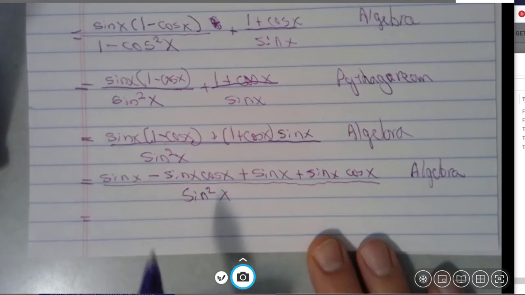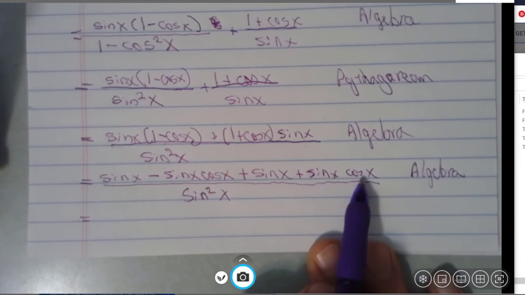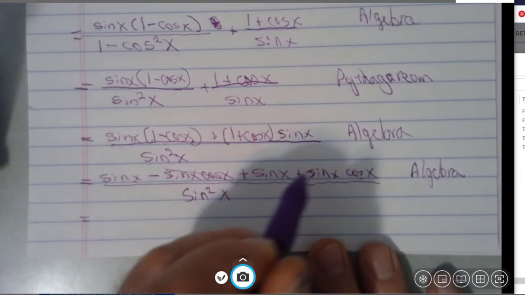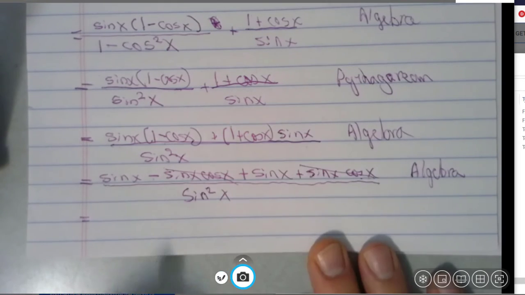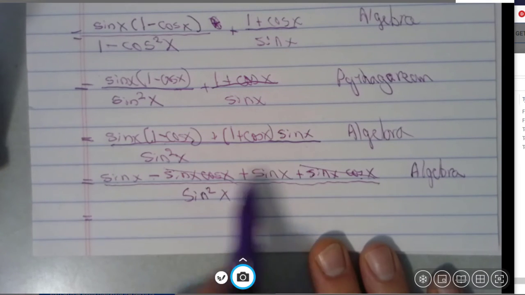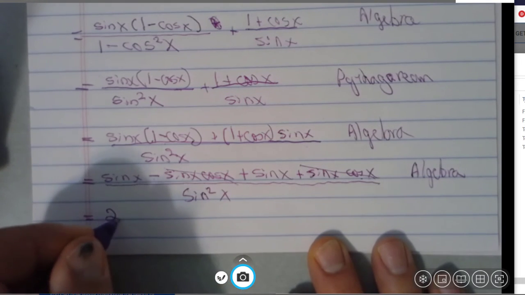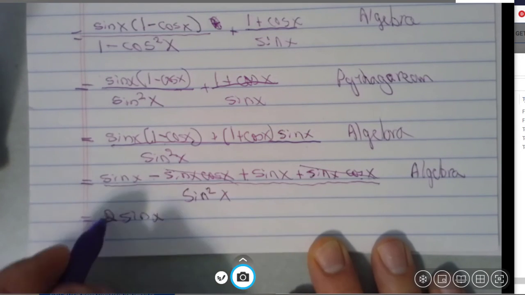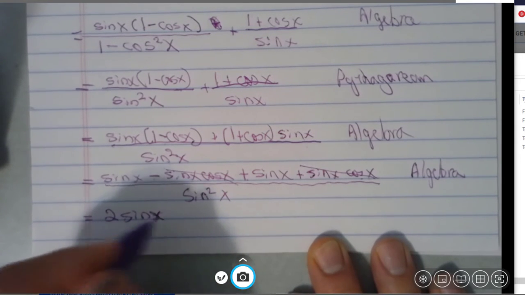Okay, now notice I have plus sine of x times cosine of x and minus sine of x times cosine of x. Those two add up to 0. And I've got sine of x plus sine of x is 2 sine of x. Be careful with that. That's adding, not multiplying. So 2 sine of x in the numerator.